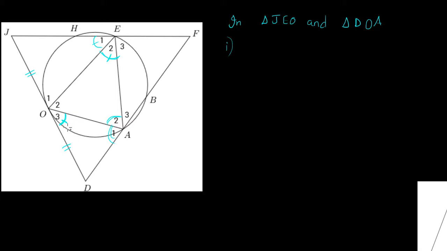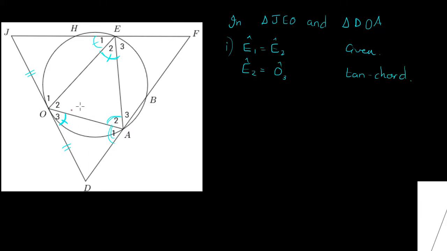And since those two are equal, I already know that E1 is equal to O3. So let's start with that one. E1 is equal to E2, given, but E2 is equal to O3, the tan chord theorem.